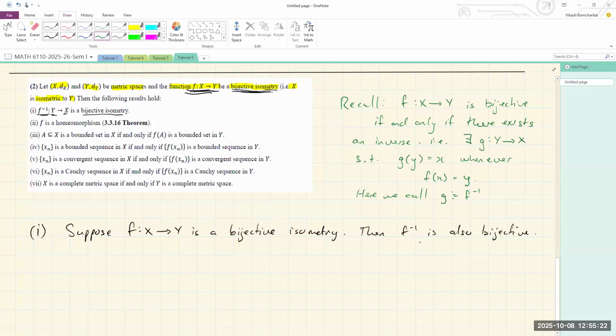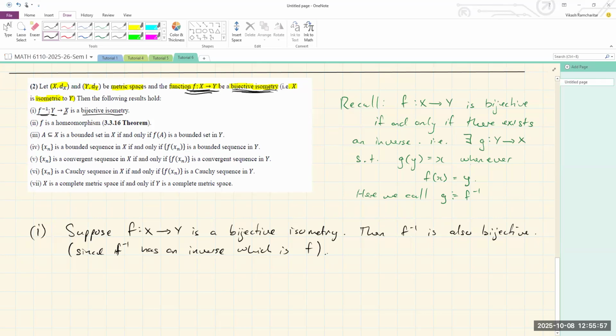Okay, so if f is bijective, then f inverse is also bijective. Why is f inverse also bijective? Because what is the inverse of f inverse? It's f. So I'll put here, since f inverse has an inverse, which is f, right?